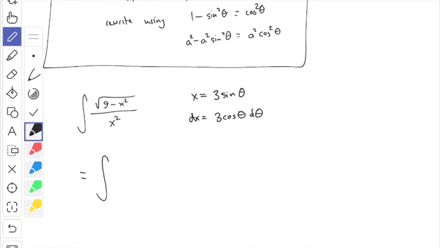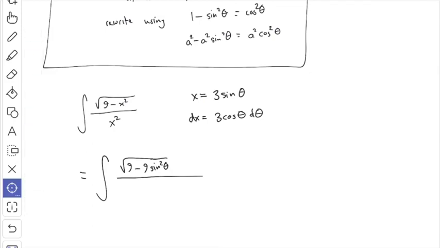So plugging everything in, up top it says square root of 9 minus, now x squared is going to become 9 sine squared theta, right? X had a 3 in it, so when you square this, the 3 gets squared and becomes a 9, and the sine theta gets squared and becomes a sine squared.